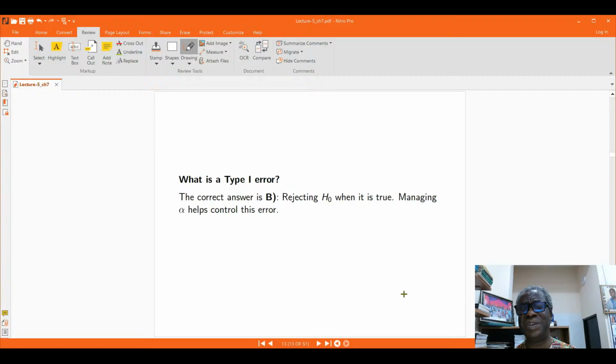So we need to learn how to manage and control it. So we'll discuss that also in the lecture. The second type of error is called type 2 error. So the two errors will also be discussed in the lecture.